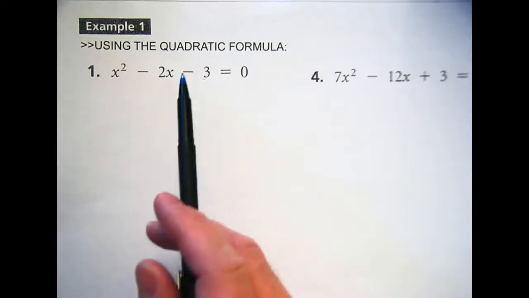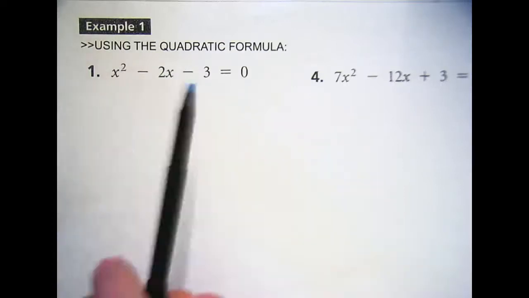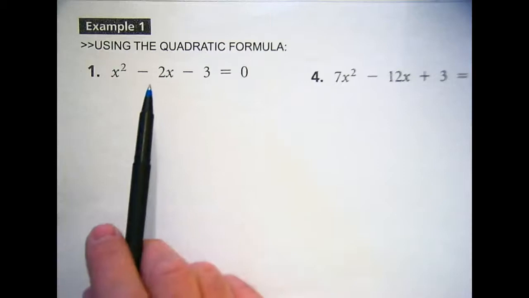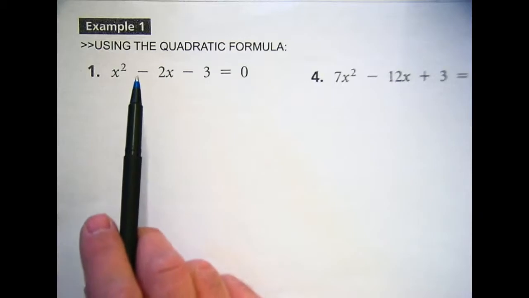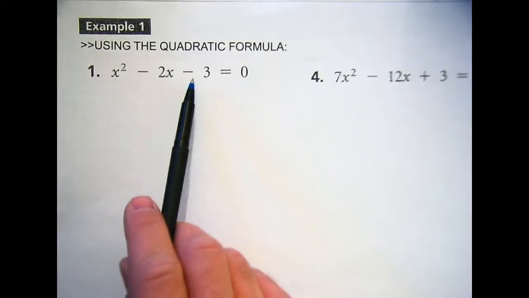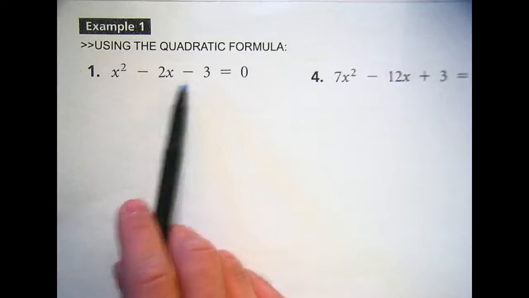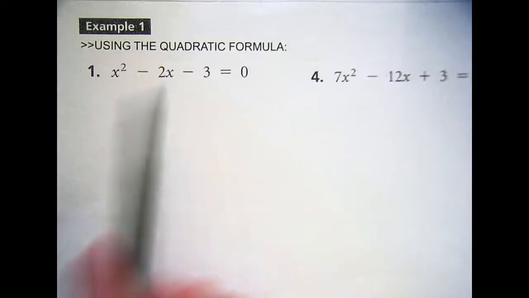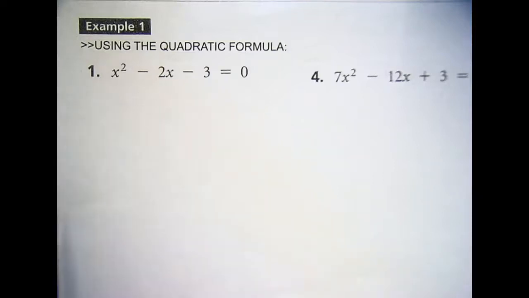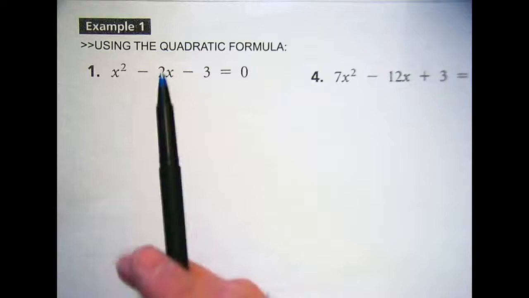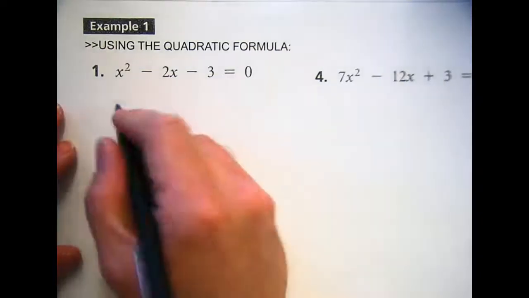What does it factor to? X plus 1, x minus 3. That means our answers are negative 1 and positive 3. However, your job right now is to apply the quadratic formula.